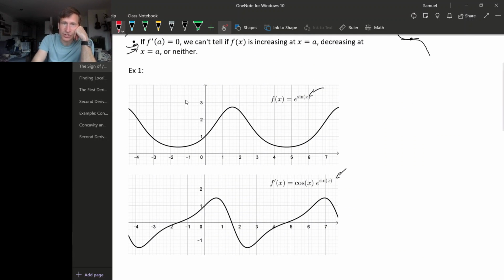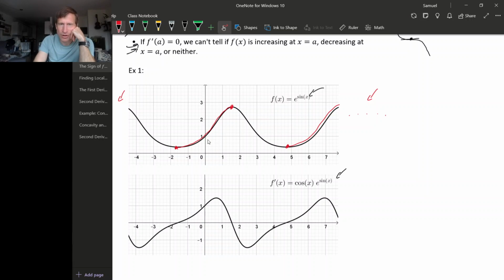So where is this function increasing? Well, it looks like it's increasing from about here to there. And again, from here to there. This function is periodic since sine of x is periodic. So in actual fact, the function just repeats itself out here if we go further to the right and further to the left.